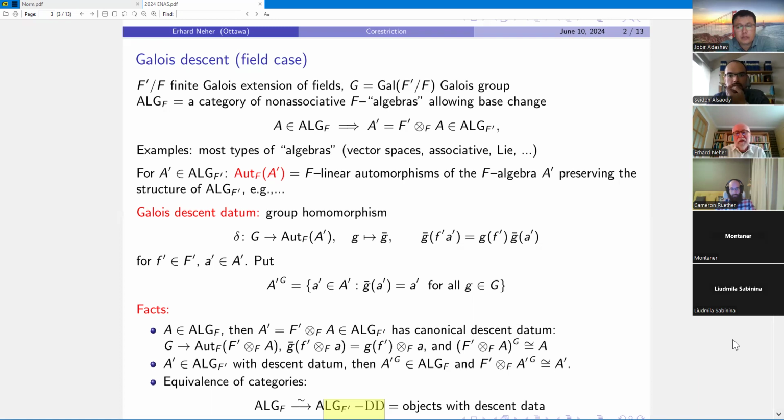There exists a canonical isomorphism of descent data. So then of course, if you have this object over F prime with a second descent datum, which is not isomorphic, then you will get a different object over F.